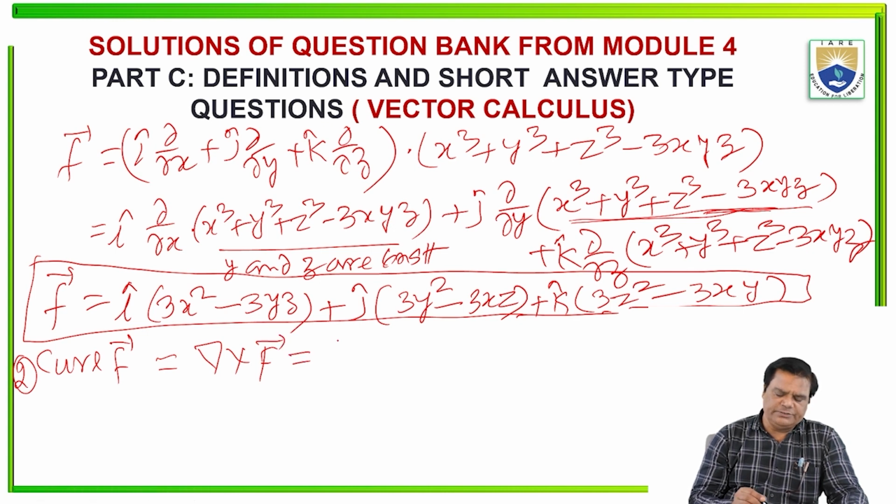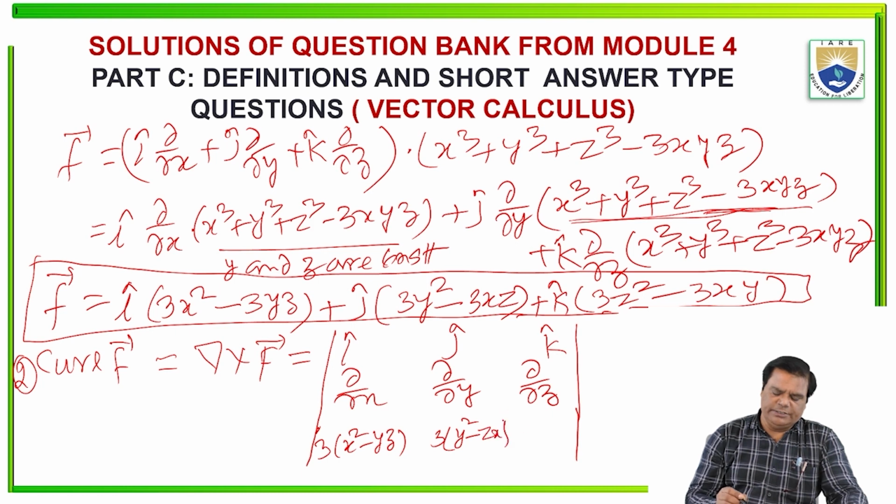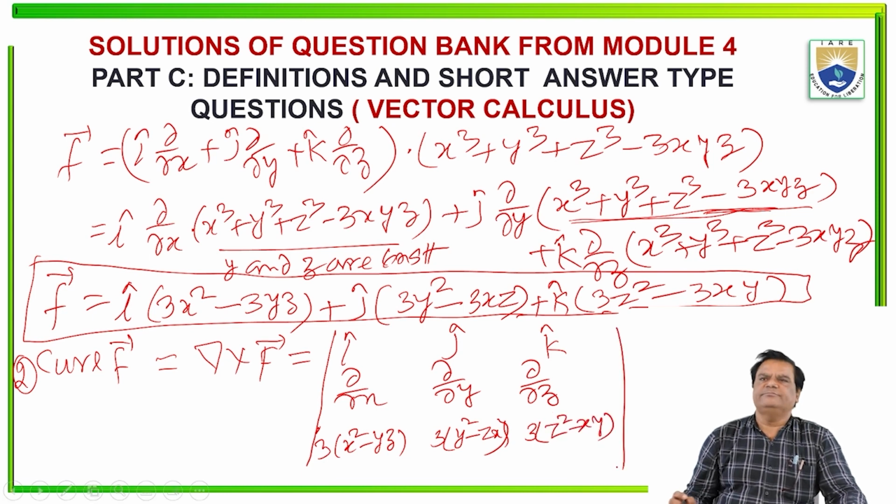So del cross f means the determinant with i, j and k, then dou over dou x, dou over dou y, and dou over dou z, and now putting here 3x square minus yz, 3 is common, y square minus zx, x square, z square minus xy.